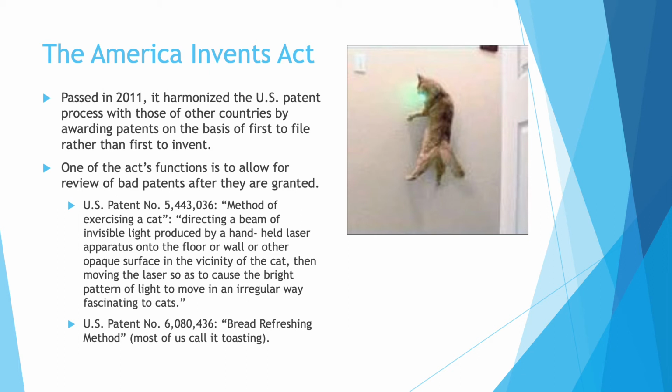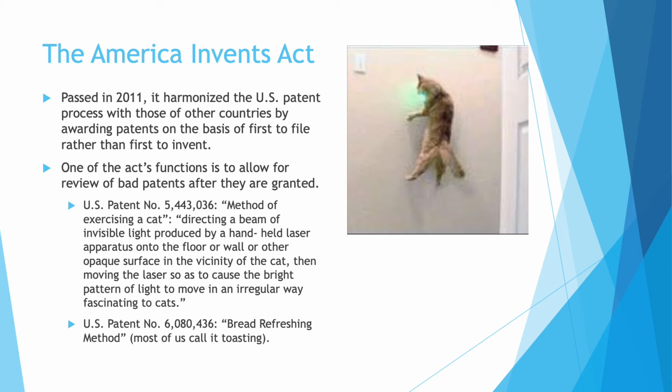In 2011, Congress passed the America Invents Act, which harmonized the U.S. patent process with those of other countries by awarding patents on the basis of first to file rather than first to invent.